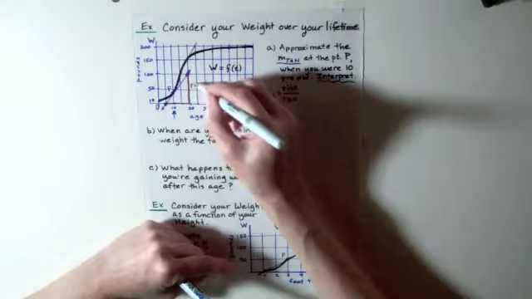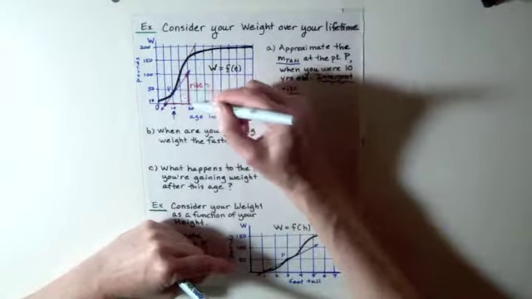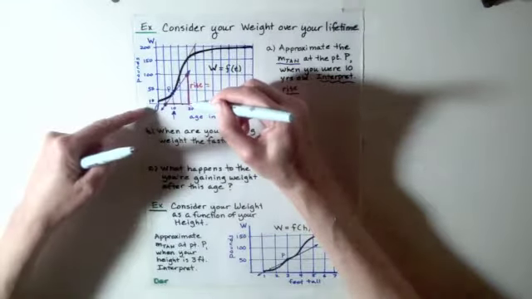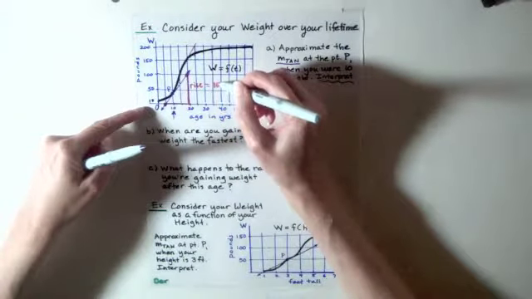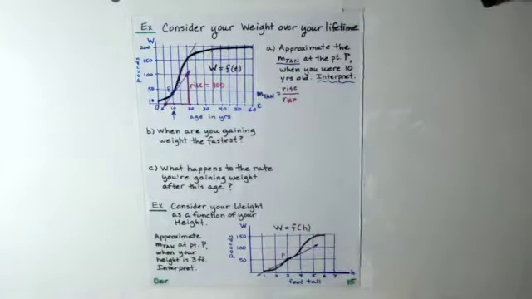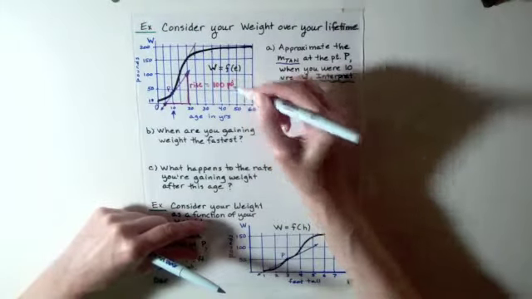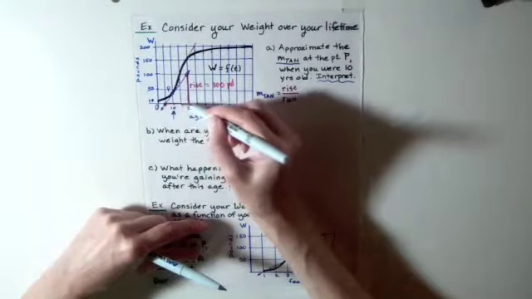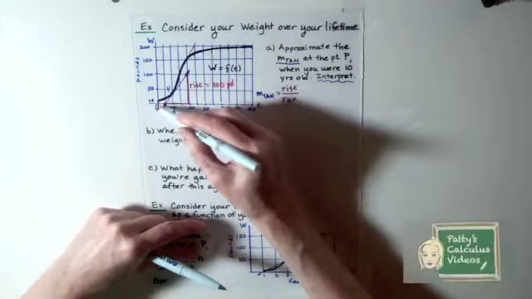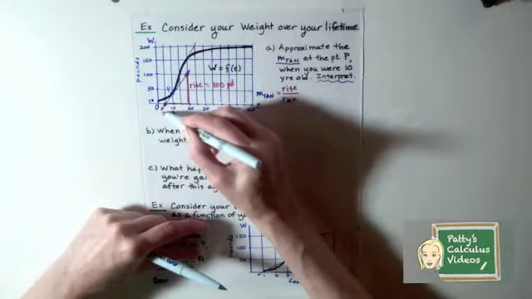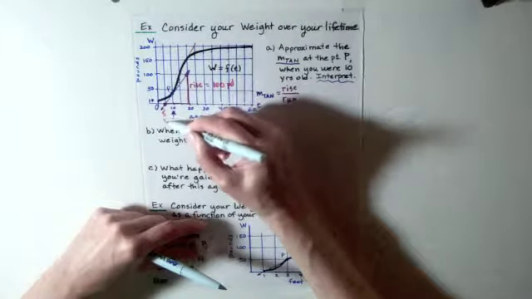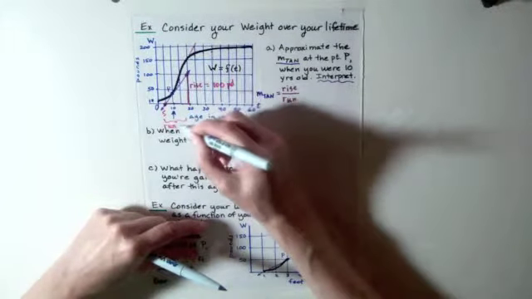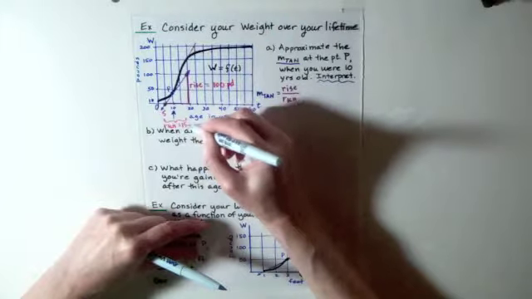Well, it looks to me as if the rise, well, I'm going from a weight of 0 pounds up to a weight of 100 pounds, so the change in weight, or my rise, would be 100, and we can put pounds on there for units. And for my run, it looks like this point is halfway between 0 and 10, so that would be age 5, and it ends at age 20, so that would be a run of 20 minus 5 would be 15 years.